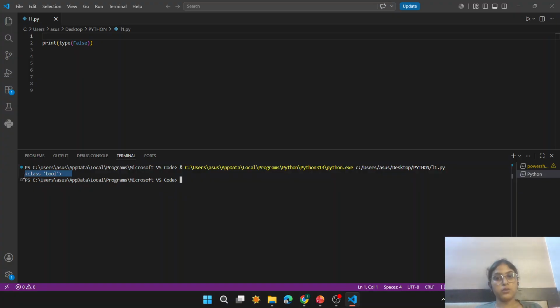Whenever you get confused while coding, you can simply use this type function. It immediately tells you what kind of data you are dealing with, and if there is an error, you can solve it right there.